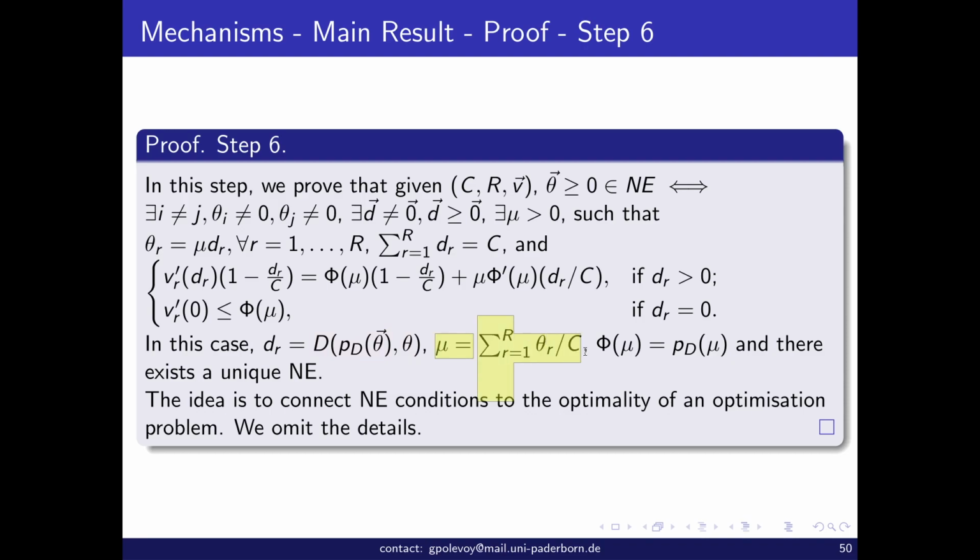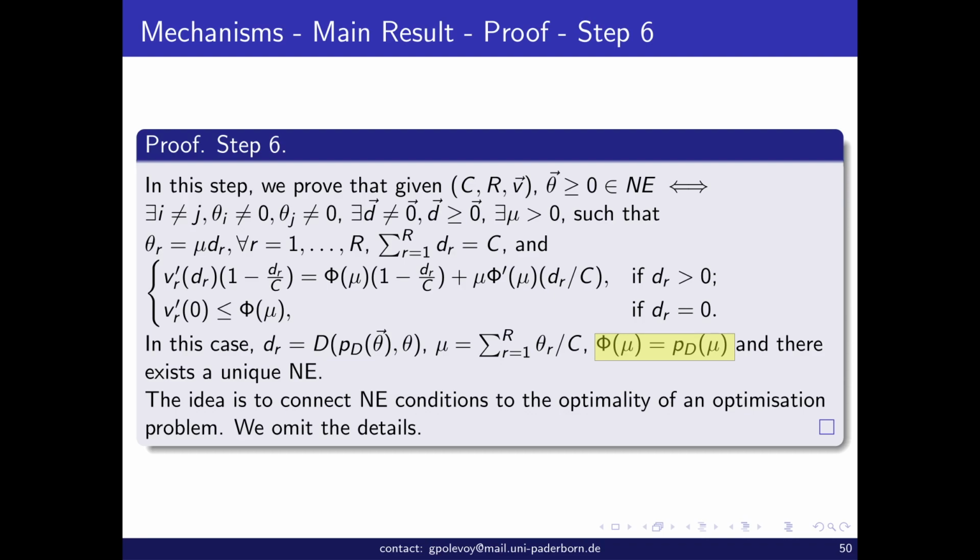Mu is defined as the price, which should be defined based on the theta and the c, and P is defined as again the price. Now, if that's the case, then there is a unique Nash equilibrium. So if there is a Nash equilibrium, it's unique.